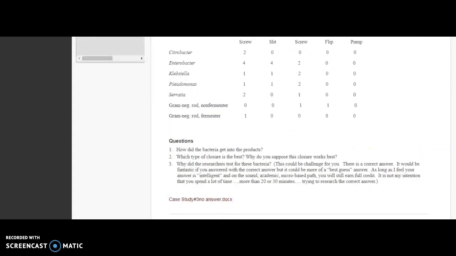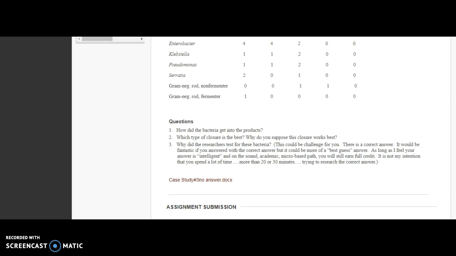Now, this is a challenge question. There actually is a correct answer, but really what I'm looking for from you is your best guess. As long as it is intelligent, as long as it is moving down the academic path, right? Your answer is intelligent, not just because, well, that makes sense to me, or some other non-intelligent answers.